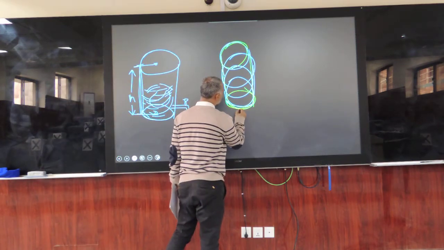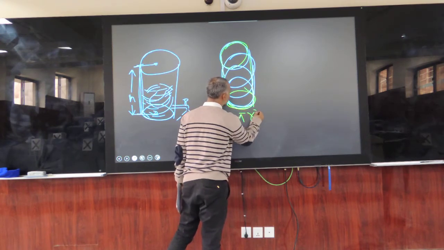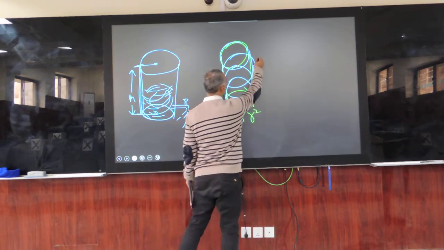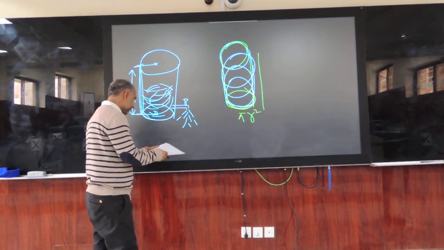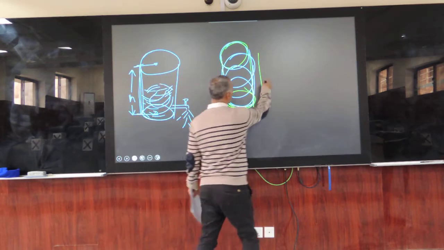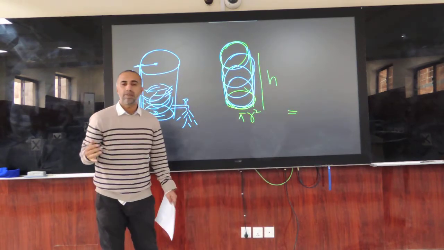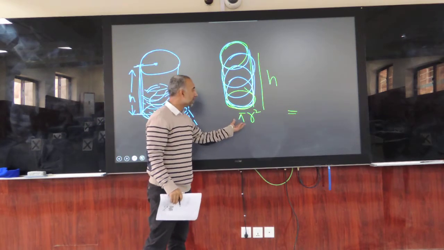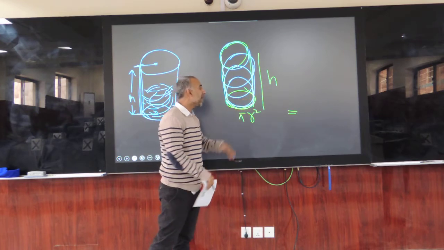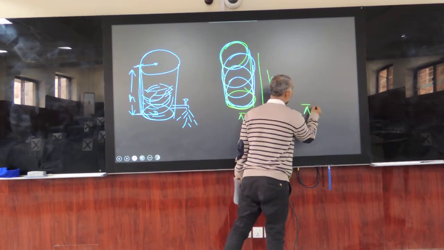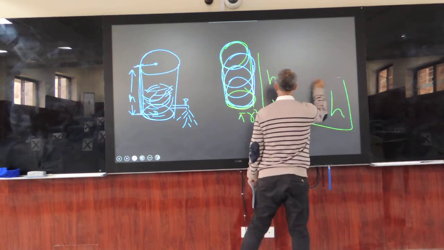Initially the circle's area is pi r square, but the third dimension is also there, the height h. So pi r square, the area of the bottom or top, multiplied by the height gives pi r square h, and it becomes the volume.